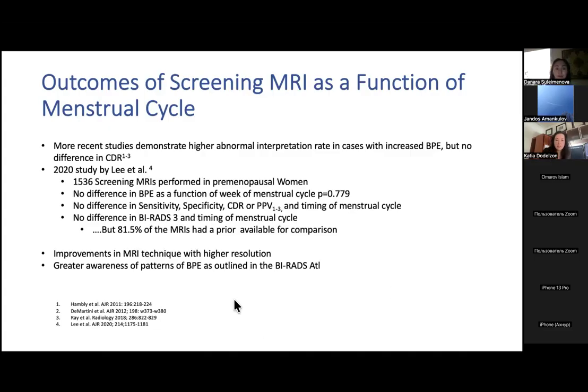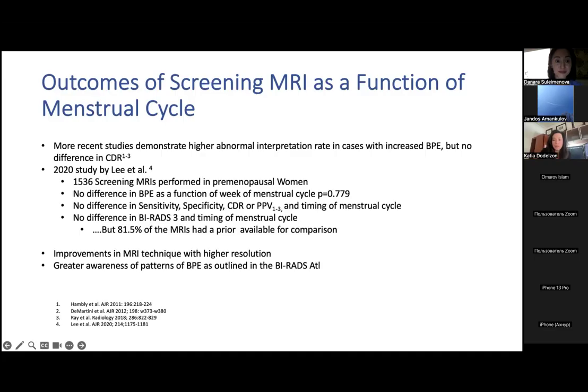From that, the recommendation is maybe no need to necessarily adhere to that day 7 to 14. Having said that, the studies that were done demonstrating this were done in centers where there were a lot of priors for comparison.